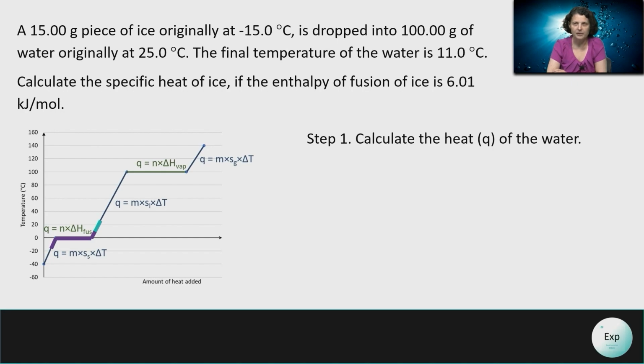So in this case, the water, which starts out at 25 degrees Celsius, is going to cool down to 11 degrees Celsius.